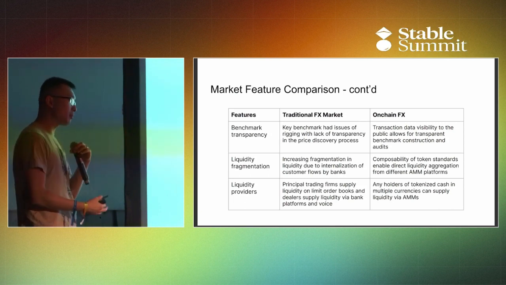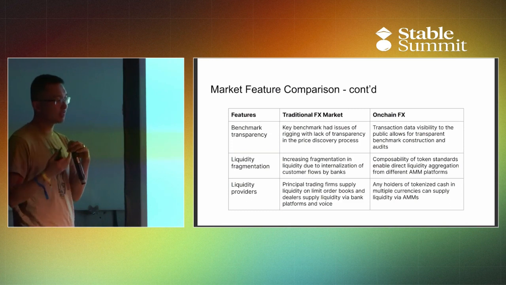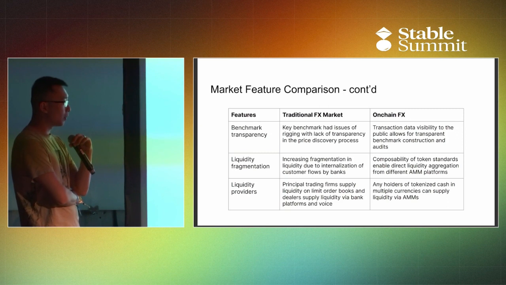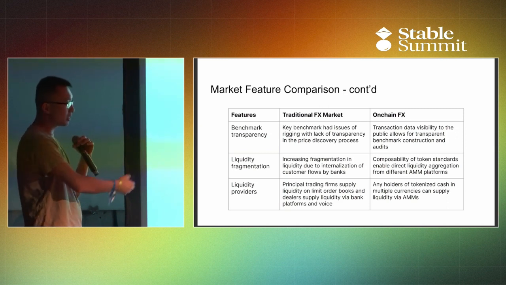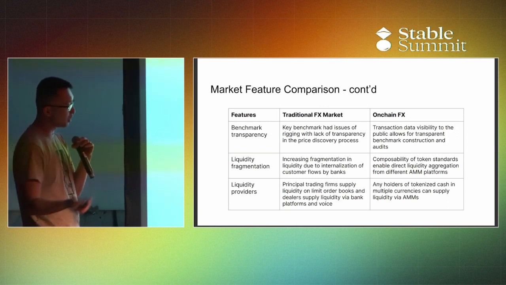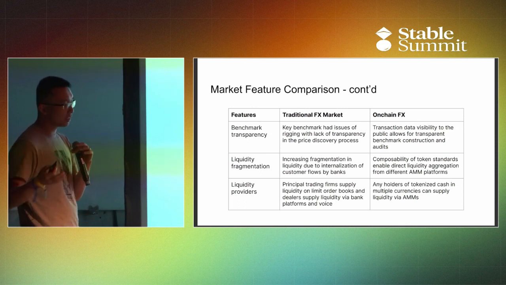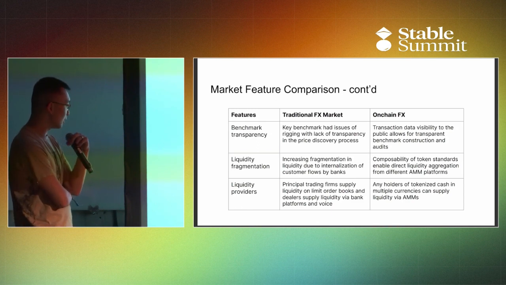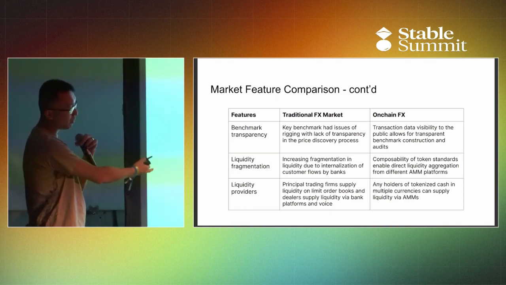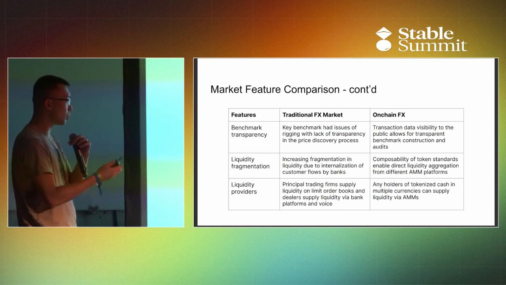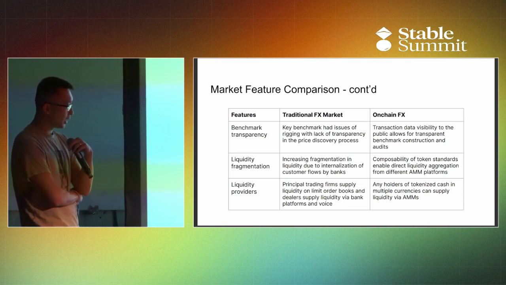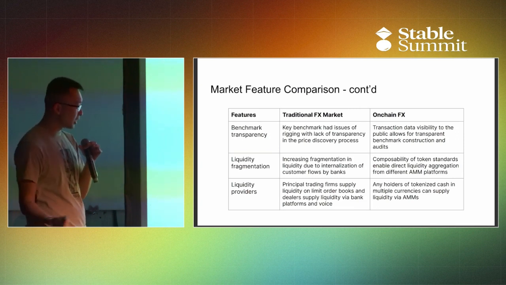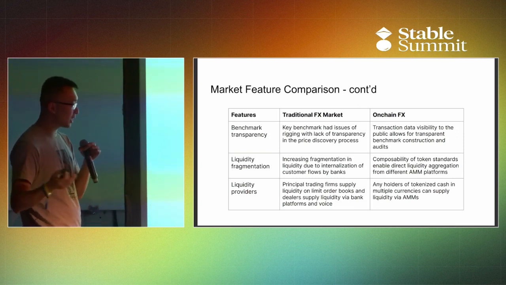Liquidity fragmentation. In AMMs, liquidity is fragmented as it is in the TradFi case, but you do have all these routing services, and because everything is composable, you can route everything across different markets really easily. And liquidity providers, this is again a somewhat contested case. On the one hand, people are saying AMMs really democratize liquidity provision.